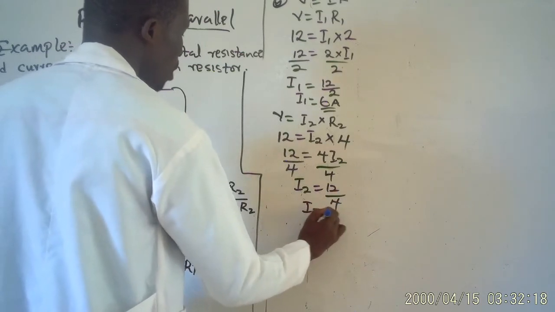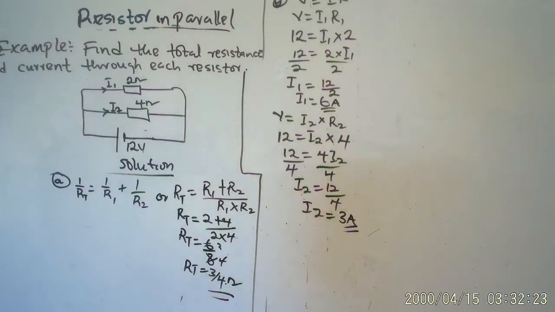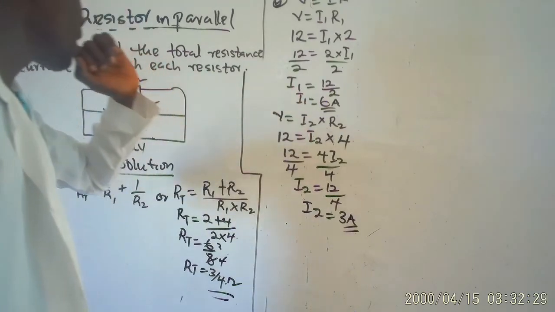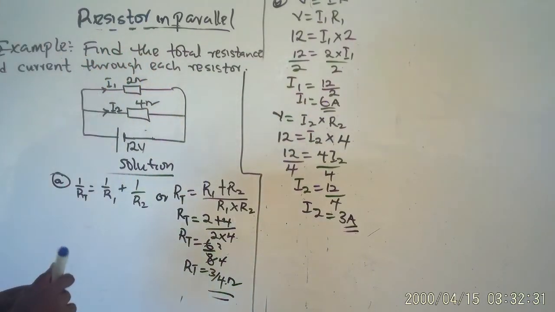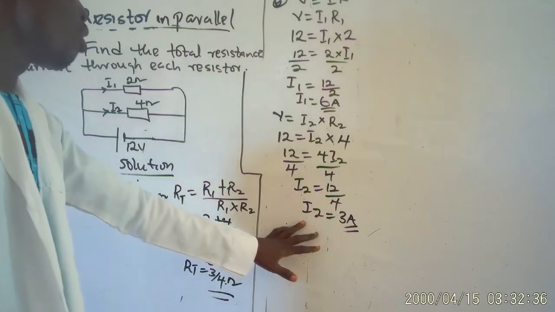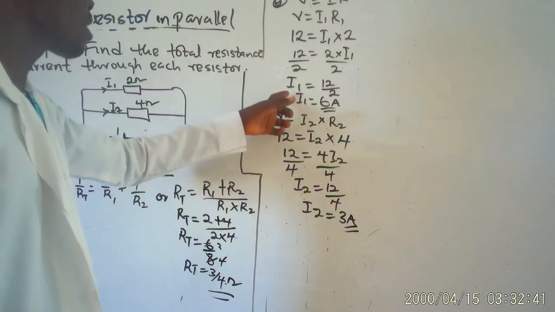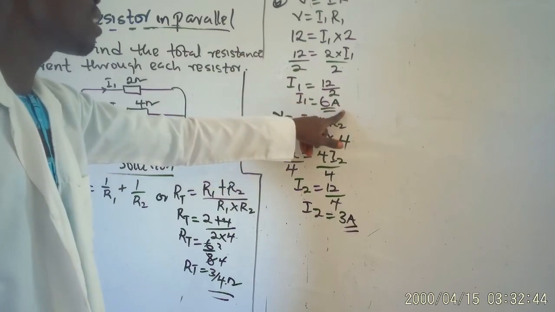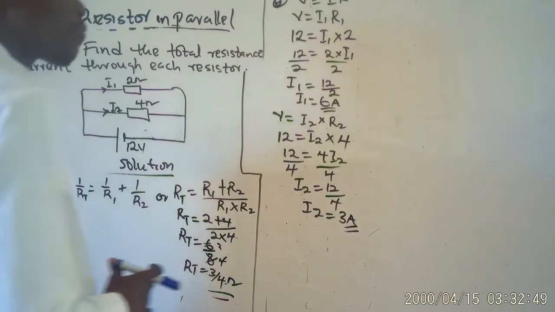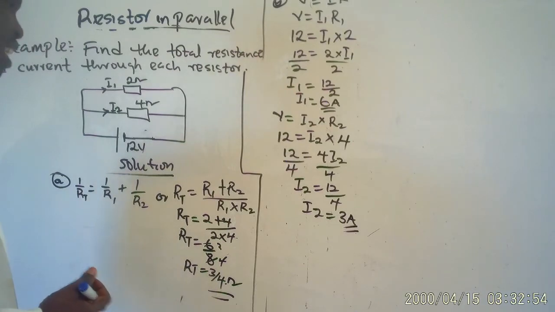I2 will give you what? 3 amps. Now, if you compare I2 with I1, you can agree with me that the higher the resistor, the lower will be the current, and the lower the resistor, the higher will be the current. Why? Because a resistor opposes the free flow of current. It absorbs current in a circuit.